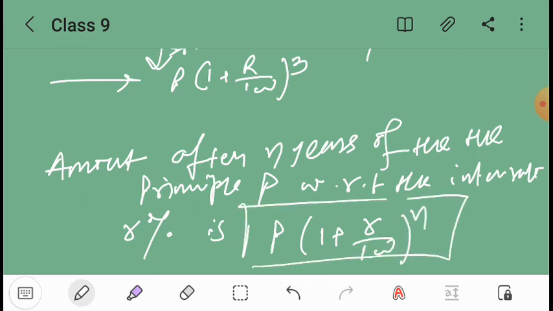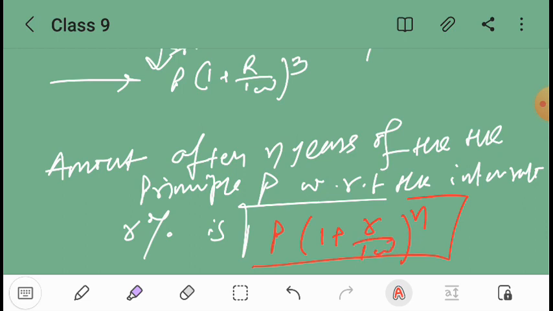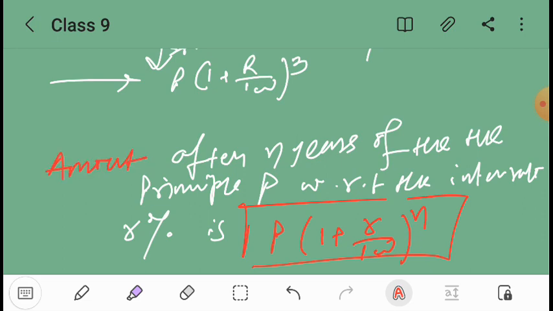This is our formula for the amount. This is the main concept regarding compound interest.